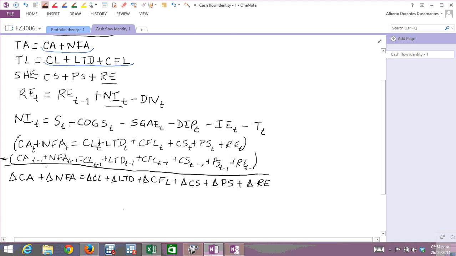Okay, this identity is true, because I just subtracted another identity, and according to basic algebra, this is true.